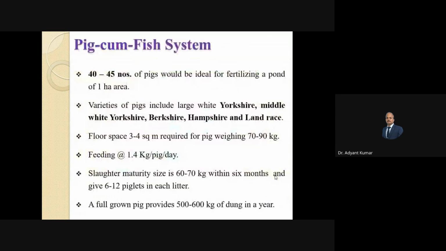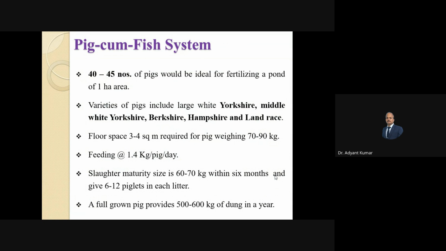In a pig cum fish system, 40 to 45 pigs would be ideal for fertilizing a pond area of 1 hectare. The varieties of pigs which can be chosen are Yorkshire, Middle White Yorkshire, Berkshire, Hampshire, and local breeds.